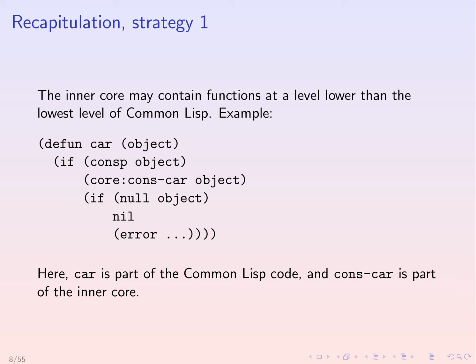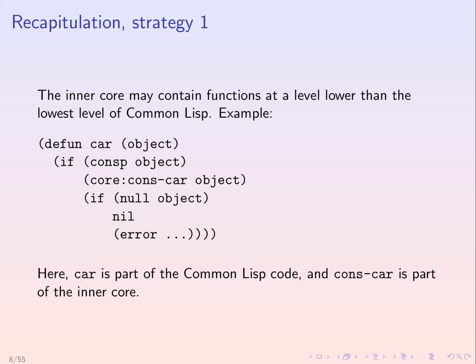Here's an example, the function car. In Common Lisp, the function car, if it is given a cons object, returns the contents of the car slot of the cons cell. If it's given nil, then it returns nil. And if it's given neither, then it signals an error.